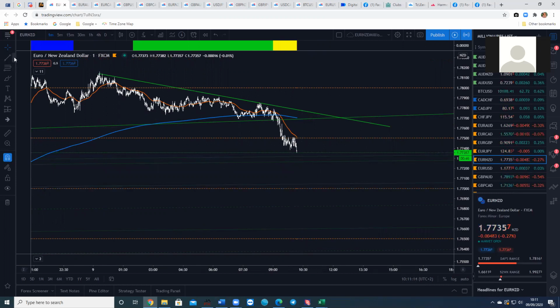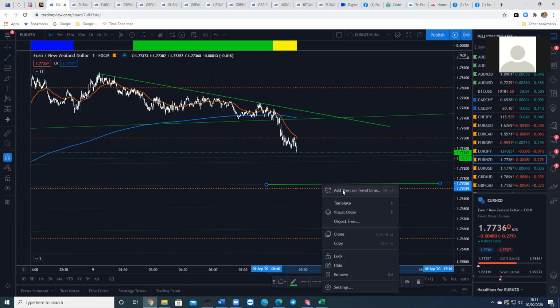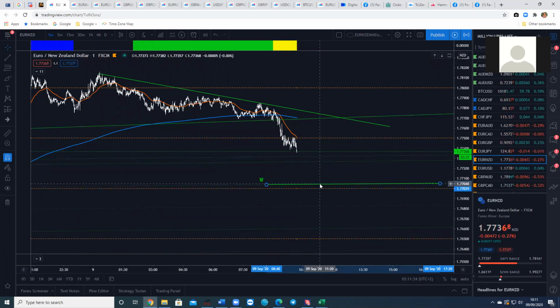So I think it's a good idea to put an alert on that old pitchfork there, which I can see running behind this line. So that's where I'm going to set my alert. And let's do that.